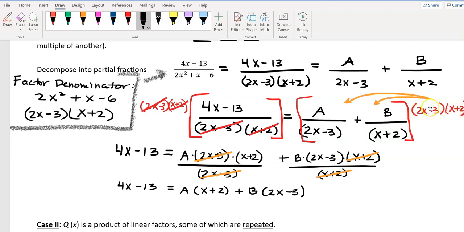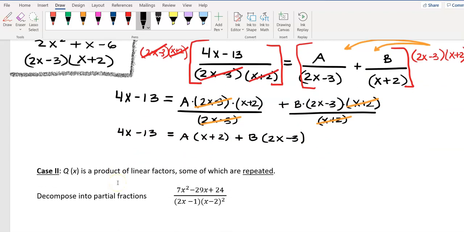So the 2x minus 3 term here would cancel with this little guy, and you get the A with the opposite factor, x plus 2. And then same general idea with this B. So the x plus 2 term in the denominator would cancel with its numerator, leaving you with just the B and the 2x minus 3 factor. So you can do that general simplification and leave that step out in the future if you'd like to. But I did want to show you why that works.